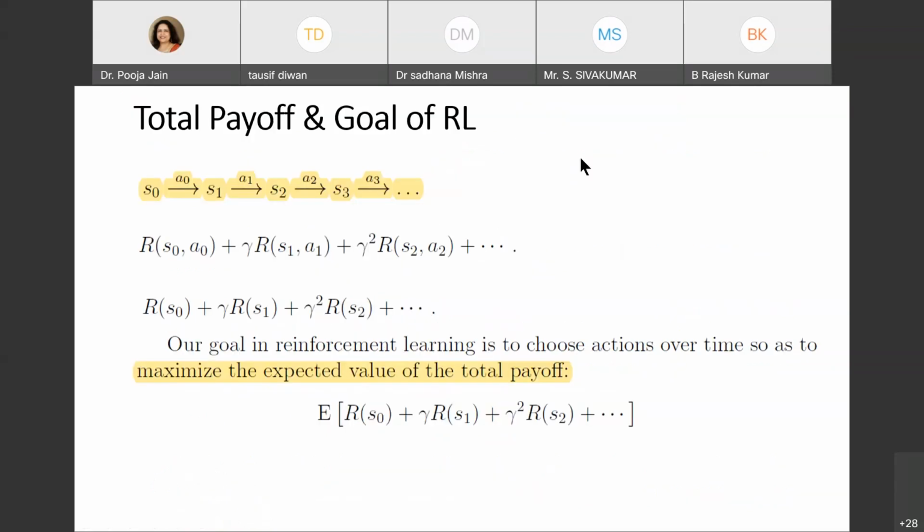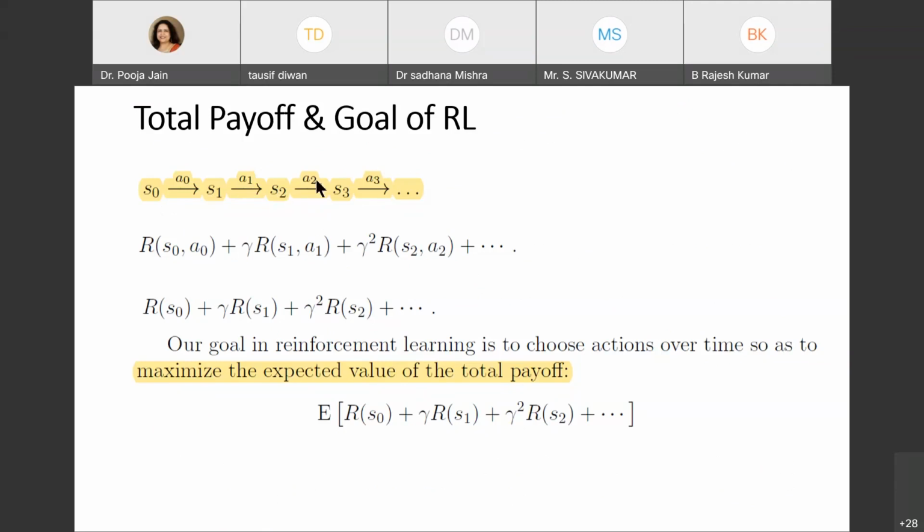Now suppose total payoff, and what will be the goal of reinforcement learning. See here, it's a sequence of decisions, or we can say a sequence of actions. Previously you are at state S0 at the initial level, you perform action A0, you come to state S1. Then you take another action A1, you come to state S2.